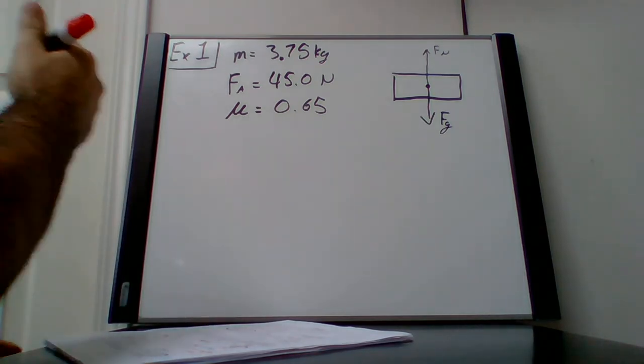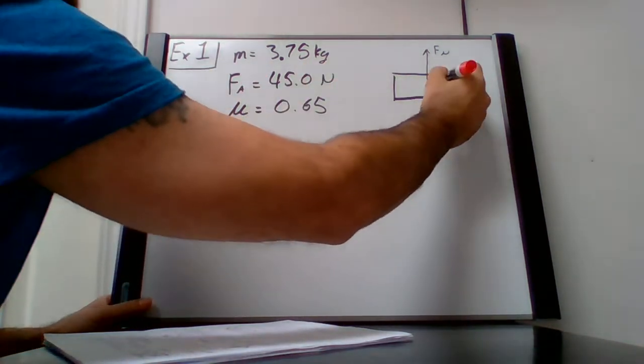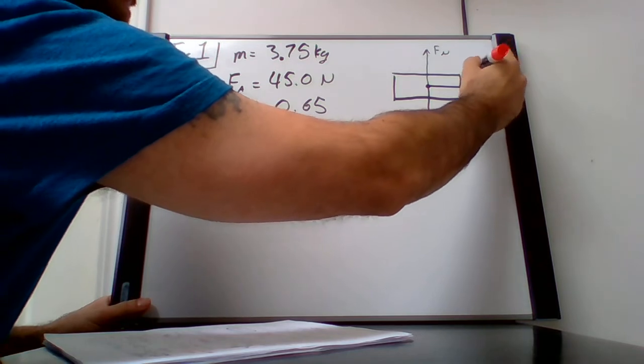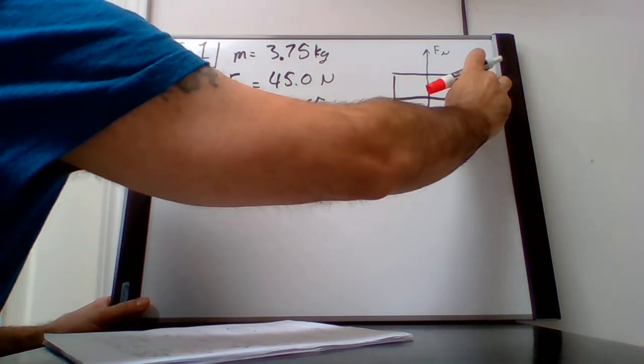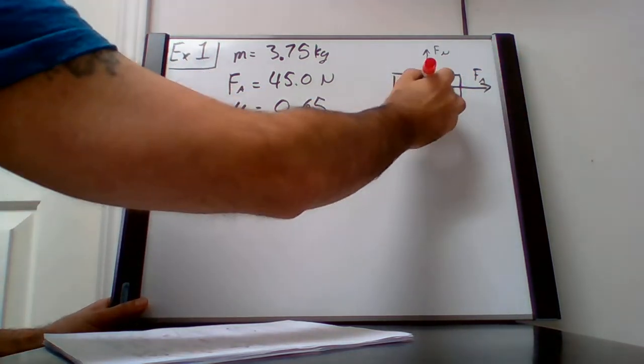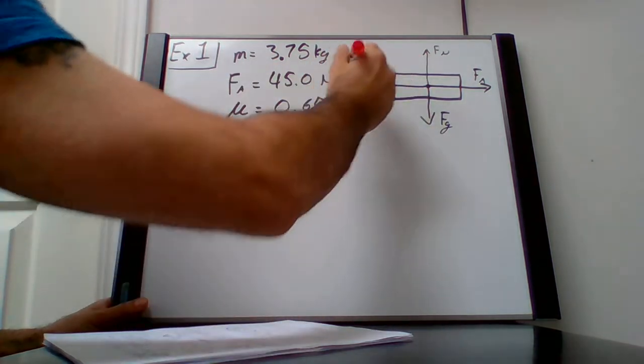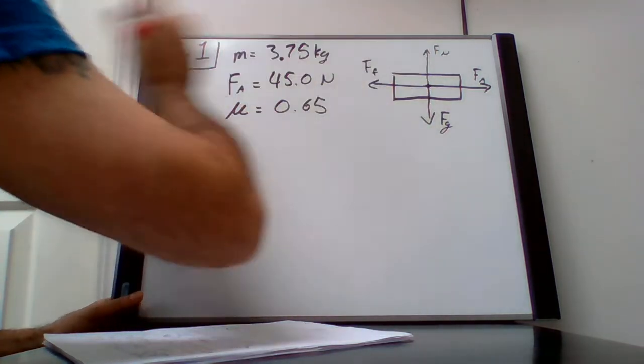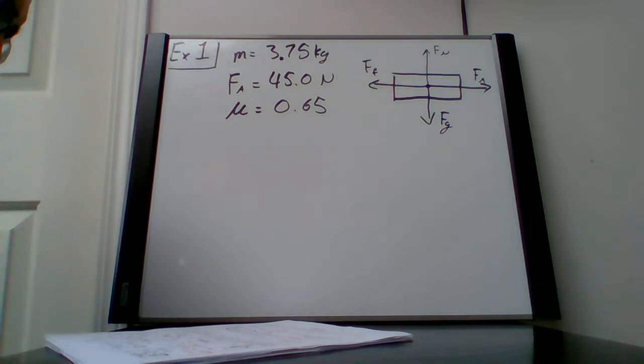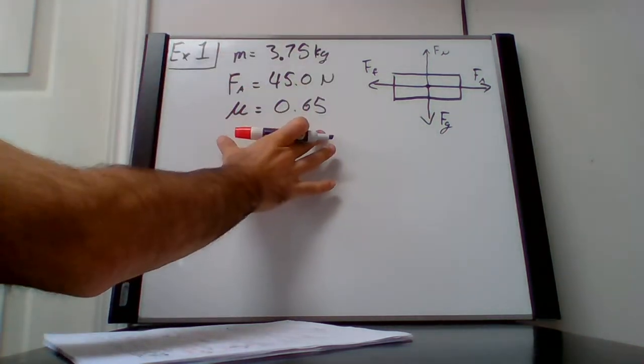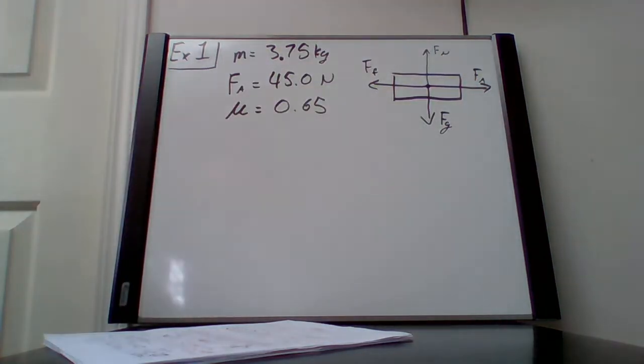We also have this applied force going in this way, so we have that Fa. And then opposing that motion, I should say, is that force of friction. Okay. We've listed our information. We've drawn our free body diagram. Let's take a look and try and figure out the rest of this part.